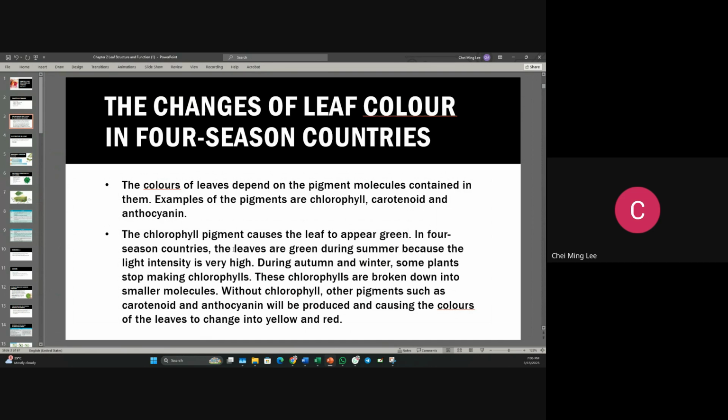During autumn and winter, some of them stop making chlorophyll, so it is broken down into smaller molecules. Without the chlorophyll, other pigments like carotenoid and anthocyanin are produced and cause the color to change into yellow and red. Carotenoid is yellow, anthocyanin is red. Red is like the one that I showed you just now, during autumn.